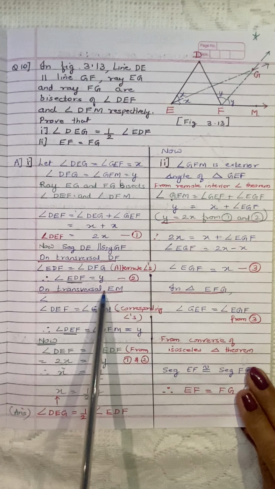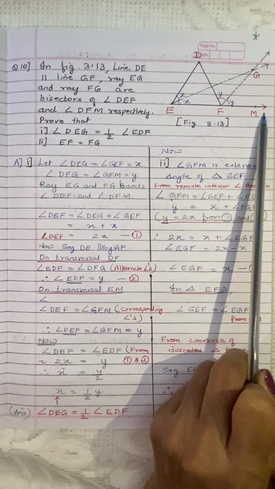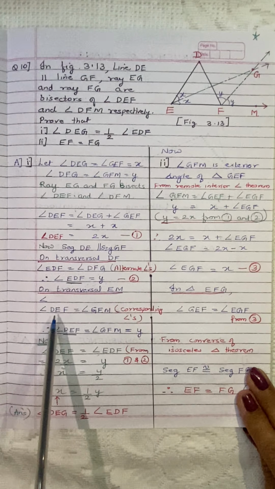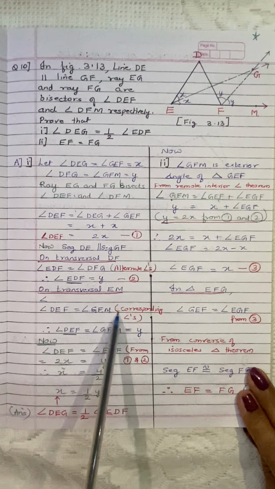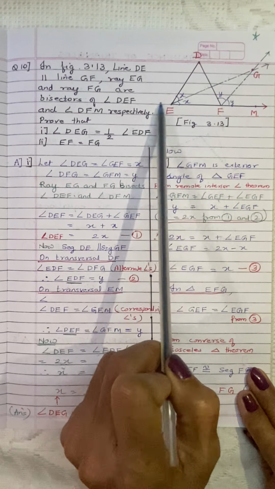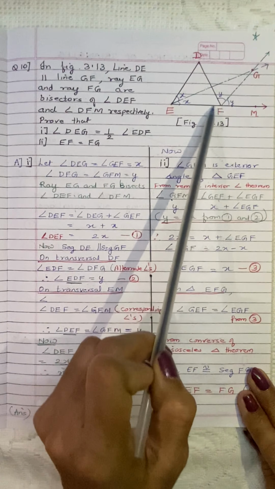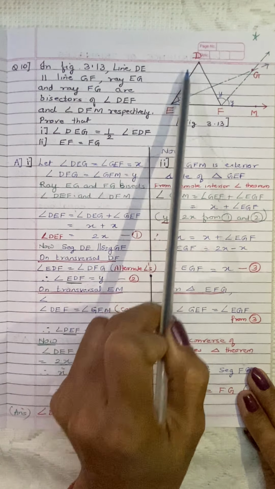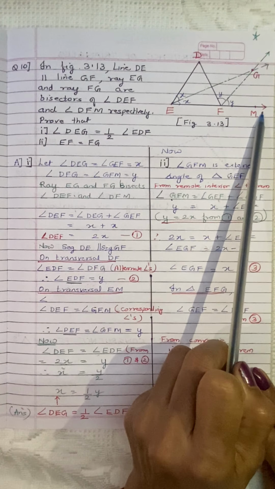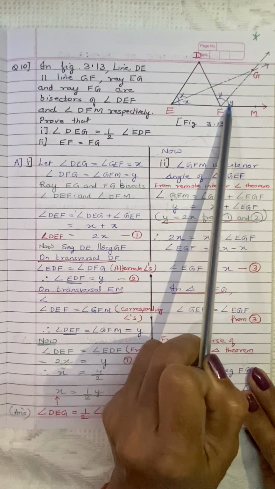On transversal EM, now if we consider this as EM, angle DEF is equal to GFM. If this is the transversal and these are the two parallel lines, then DEF and GFM are corresponding angles on the same side of the transversal.